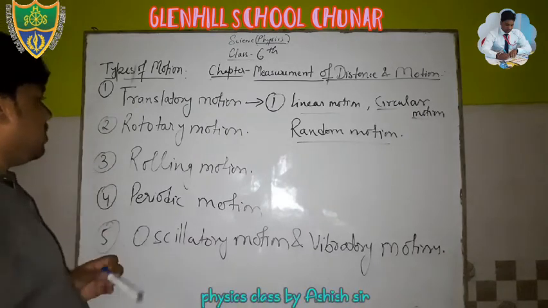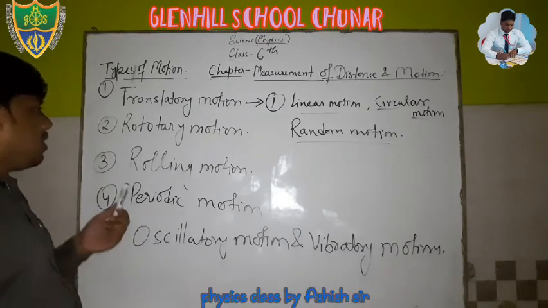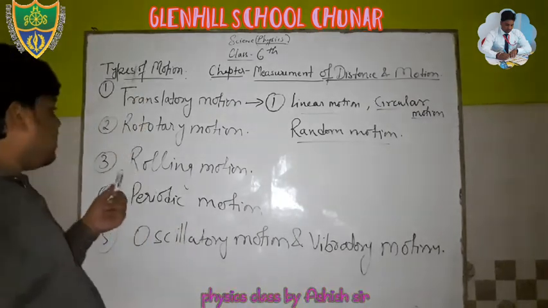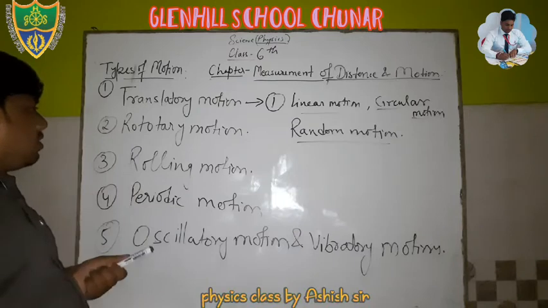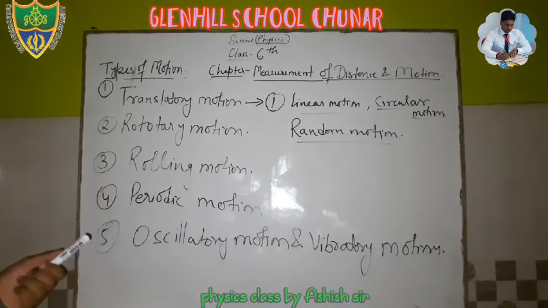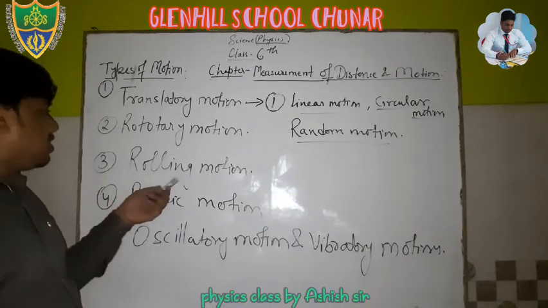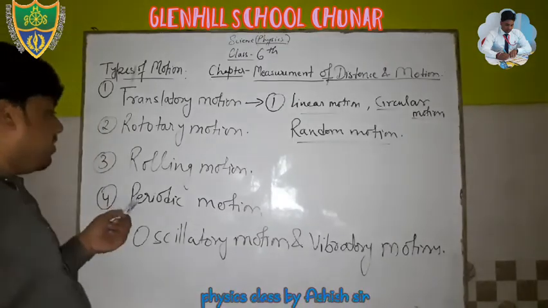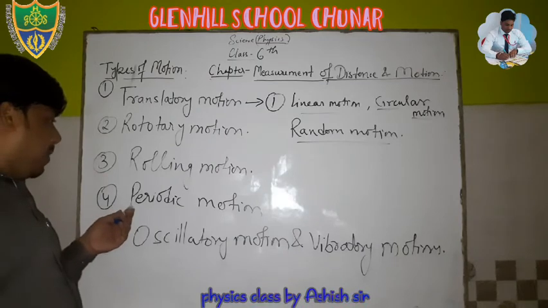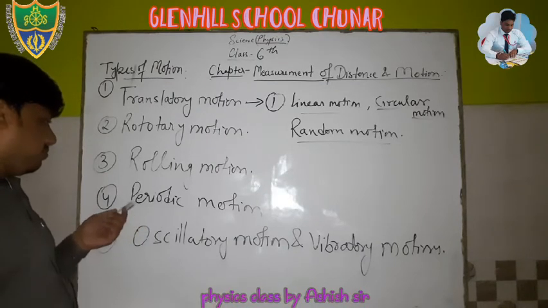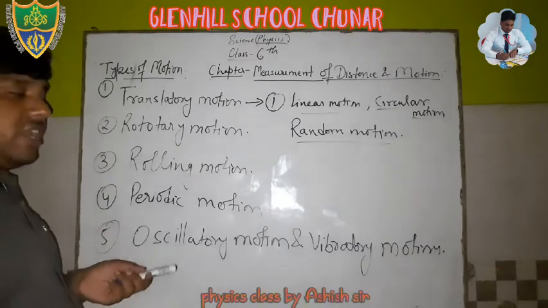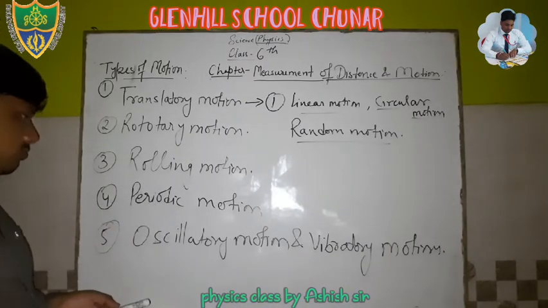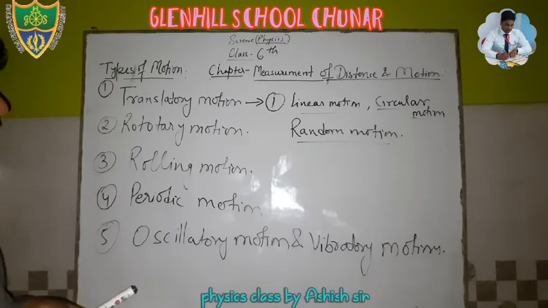That is rotatory motion. Rolling motion is simply the motion which is translatory as well as rotatory. Periodic motion is the motion in which the particles perform their motion in a fixed interval of time. And the same goes for oscillatory motion and vibratory motion.